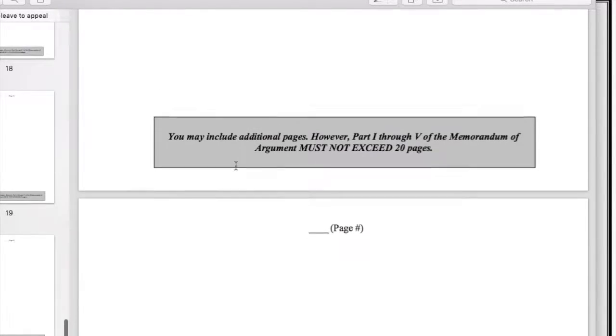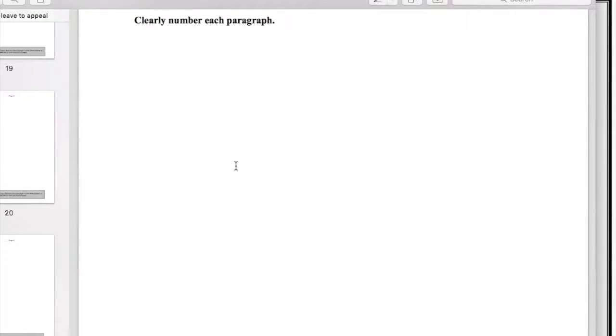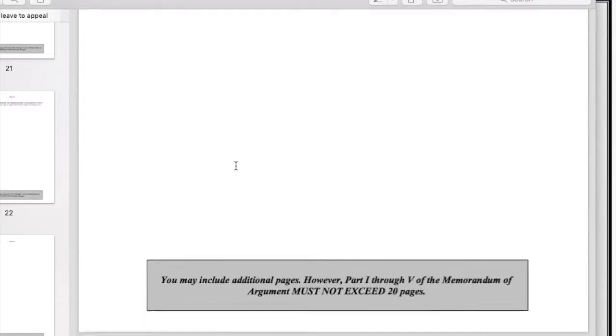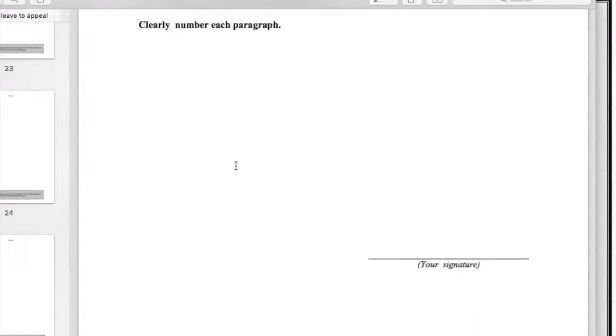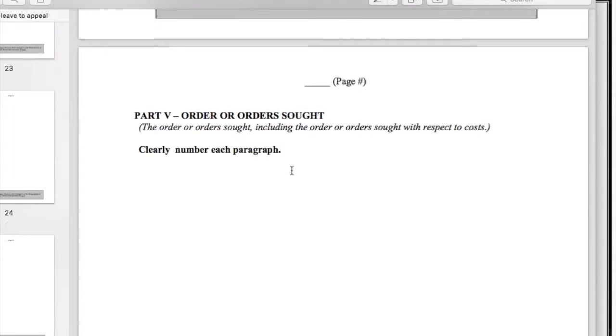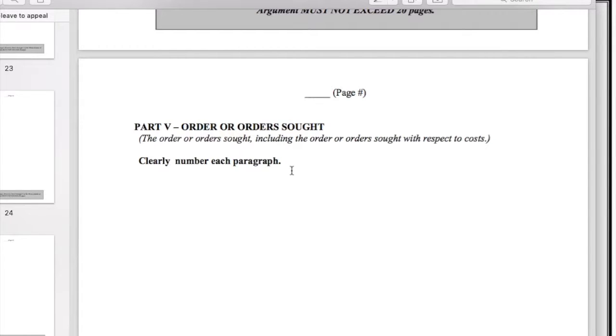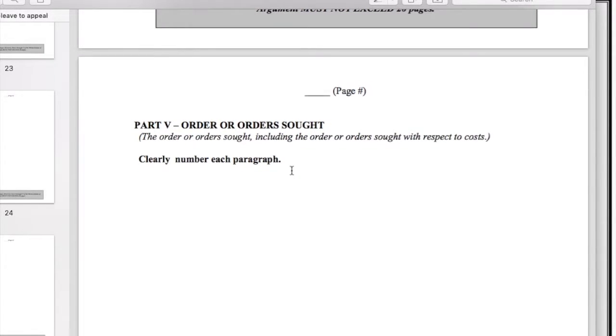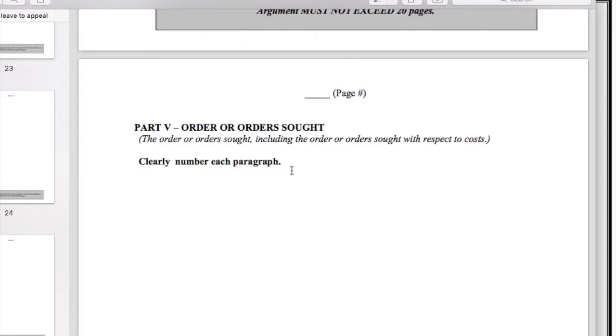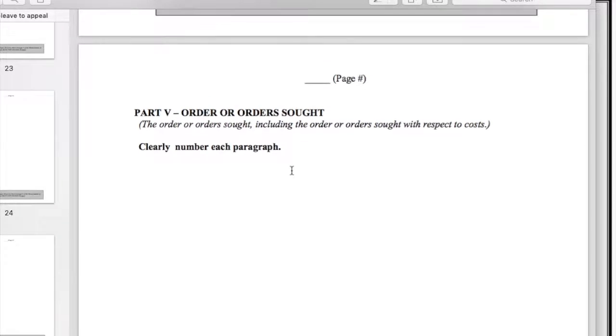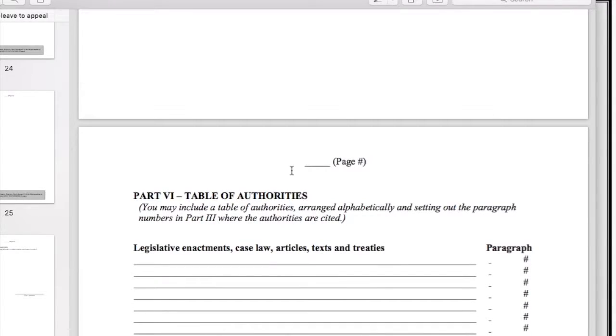In this PDF document, it doesn't allow you to tab, highlight things, or indent things. It doesn't allow you to have things bolded. So everything text-wise looks the same. All the way up to Part 5 here, Orders and Orders Sought, I have in a Word document.